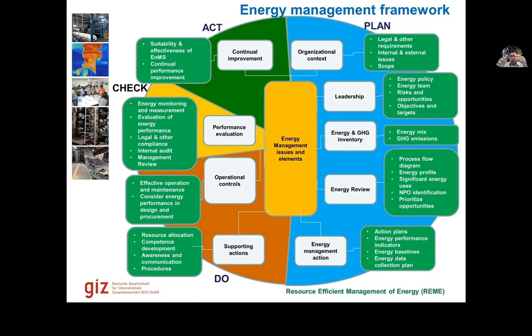Then we move forward from plan to do part, that is supporting the actions, providing resources by top management in terms of time, in terms of money, in terms of training and competence development and awareness, communicating to the employees how it is and why it is important for the company or factory to work on energy management system, setting up the right procedures, then setting up operational controls.